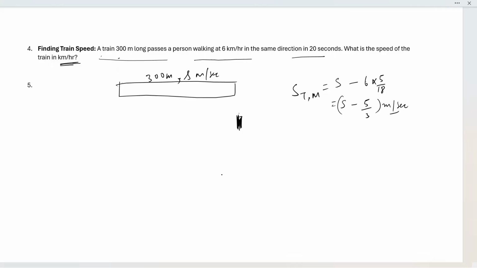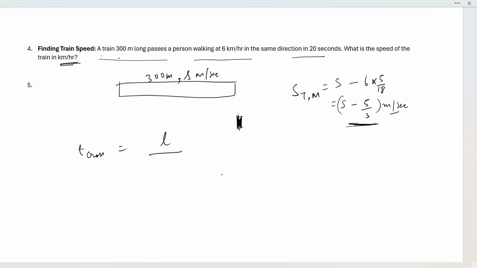Okay. Now, in this case, when we use this relative speed, it becomes clear that we have asked this man to stop and let train do all the moving. So it transforms into the first case where the train has to cross an electric pole or any stationary object. So in that case, to find out the time of crossing, we just have to divide the length of the train by the speed at which it is traveling, because it has to cover the entire length only to cross the person.